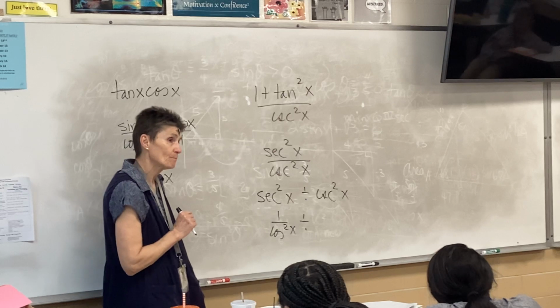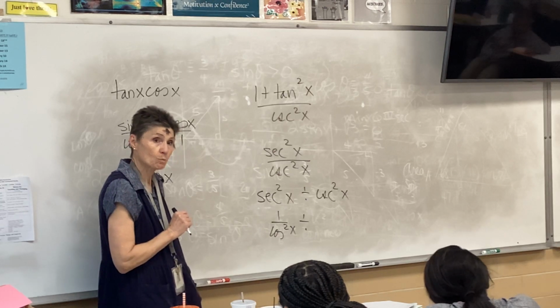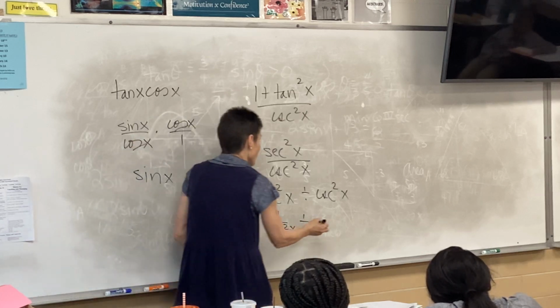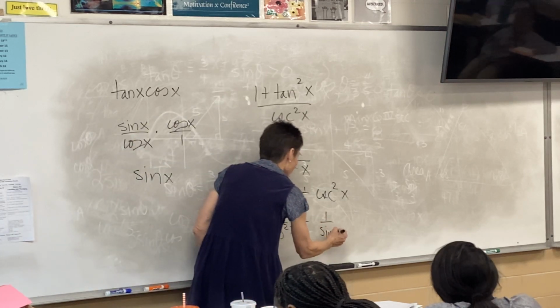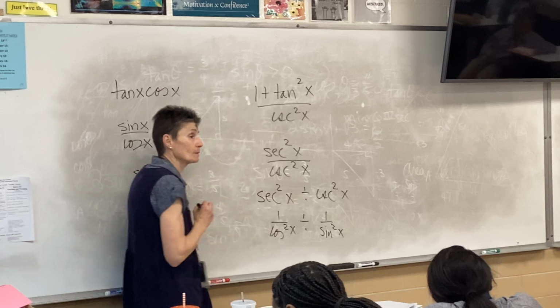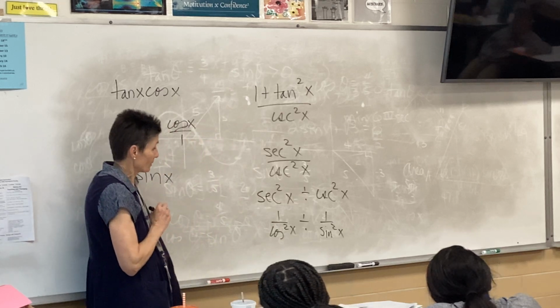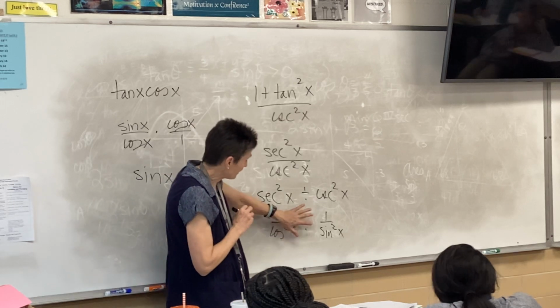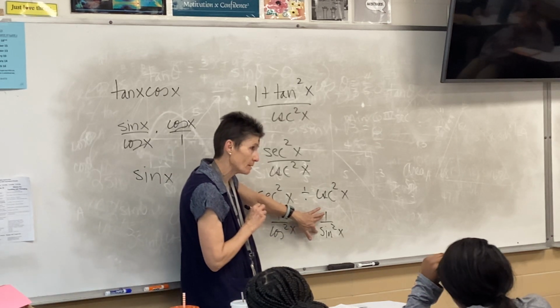What's that? Cosecant is 1 over sine. So this is going to be 1 over sine squared. So 1 over cosine squared divided by 1 over sine squared.